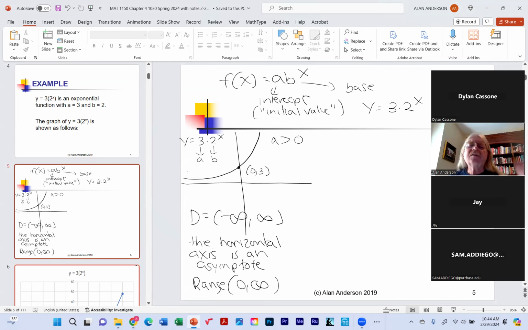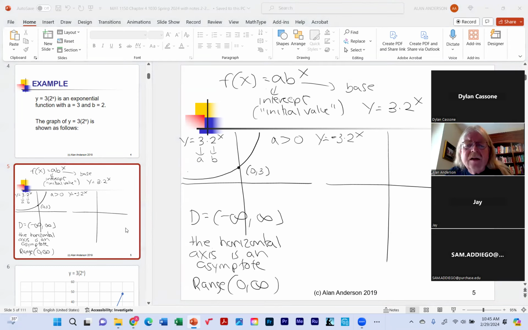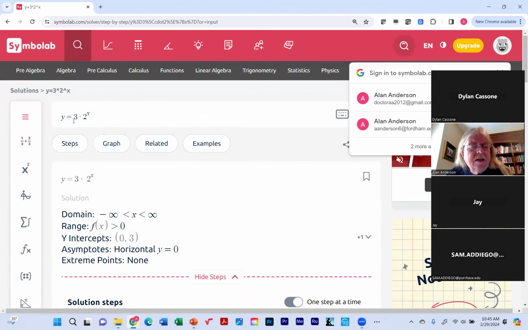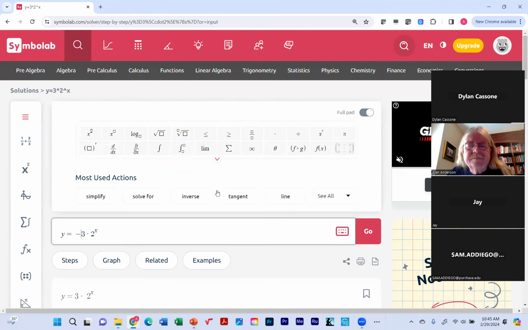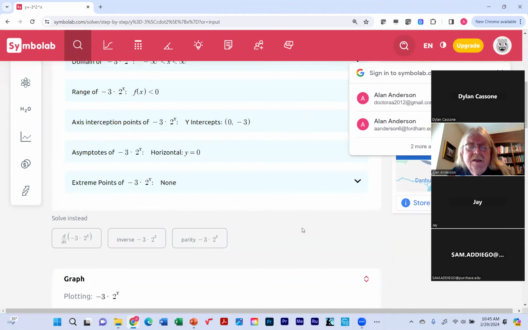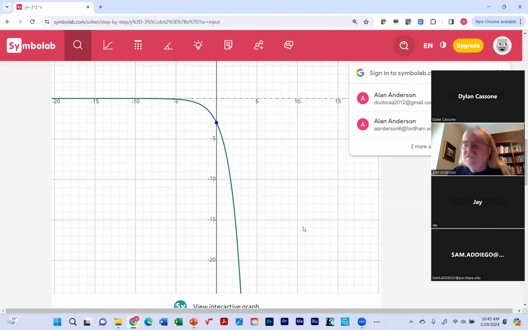If, on the other hand, I change it to negative 3 times 2 to the x, let's see what happens now. I'm going to make that one little change, and you'll see what happens. Huh, it's been flipped upside down. Look at that. So in other words, what you're actually seeing is this.